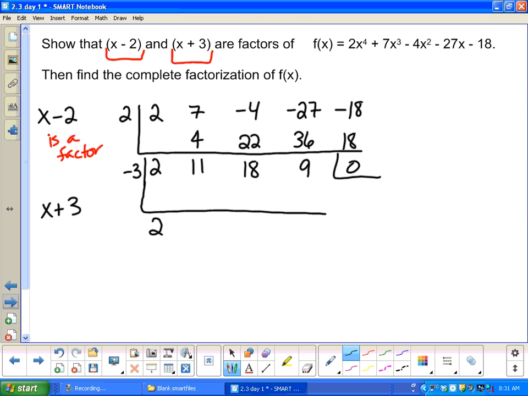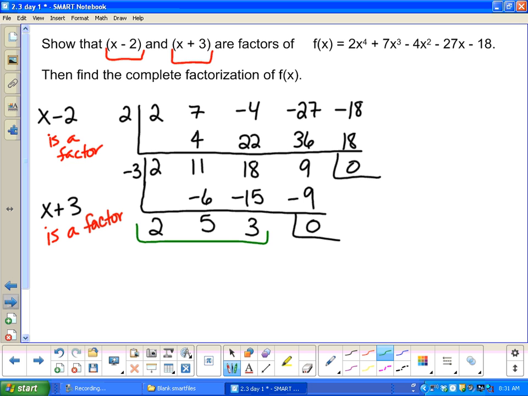Bring it down. Multiply, add. Multiply, add. Is it a 0? Yes. So x plus 3 is a factor. So I did step 1, show that they're factors of it. Awesome.